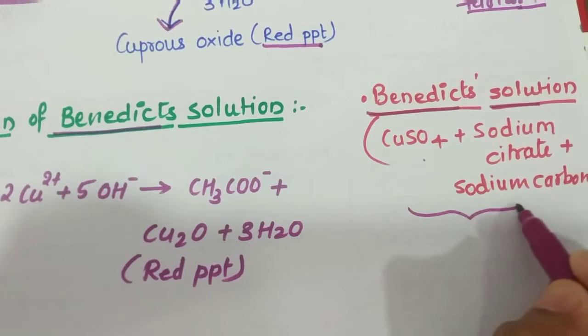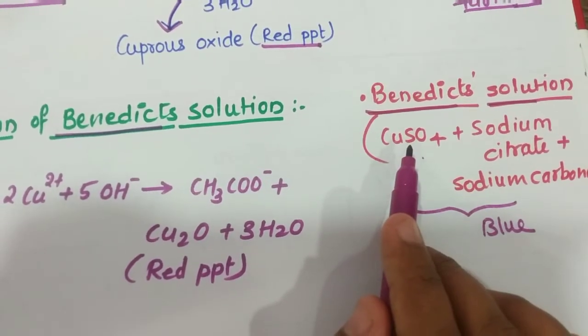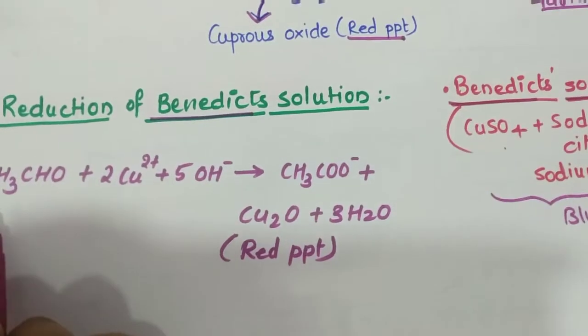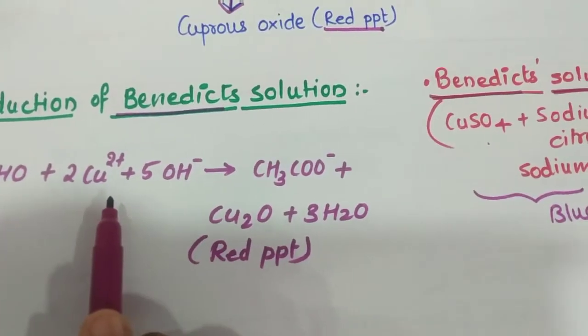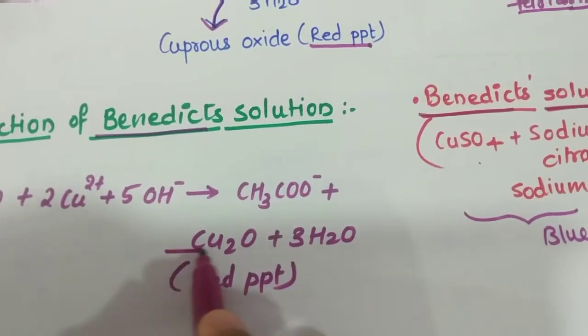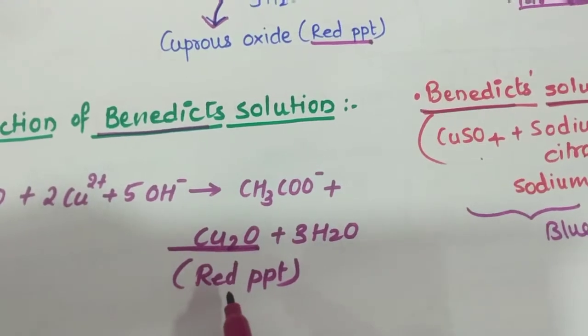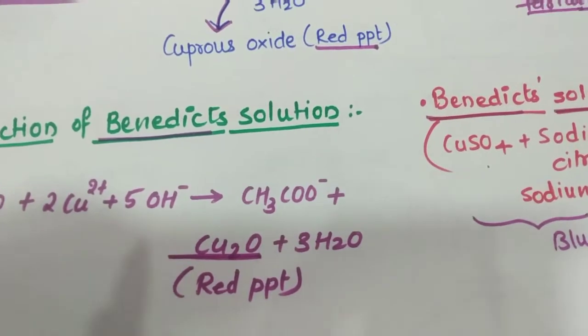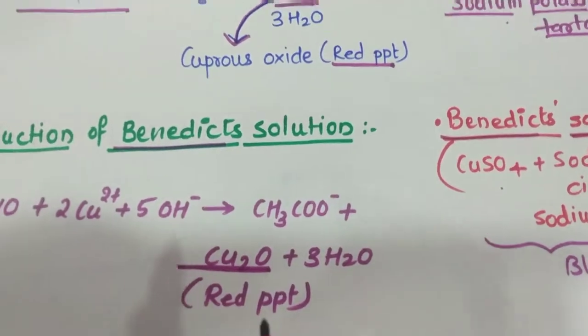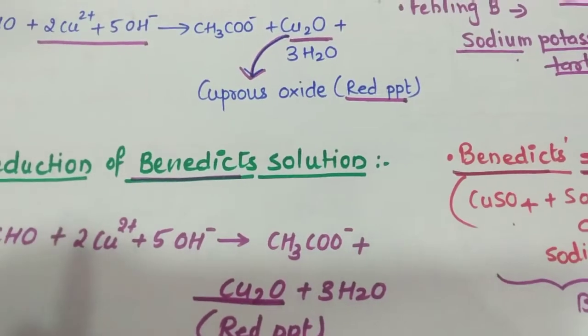The color of this solution is blue, as copper ions are there. So when aldehyde reacts with copper ion in the basic medium, there is again formation of Cu2O whose color is red.